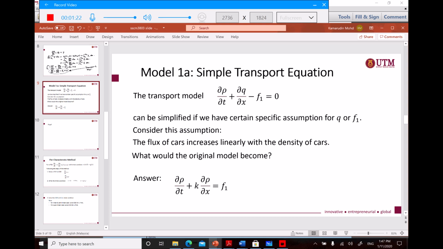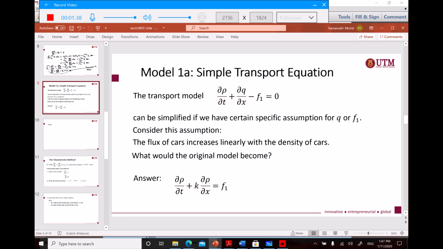But for this course, for the first part, we will use the characteristic equation. So we will reduce the equation to be in terms of one dependent variable only.